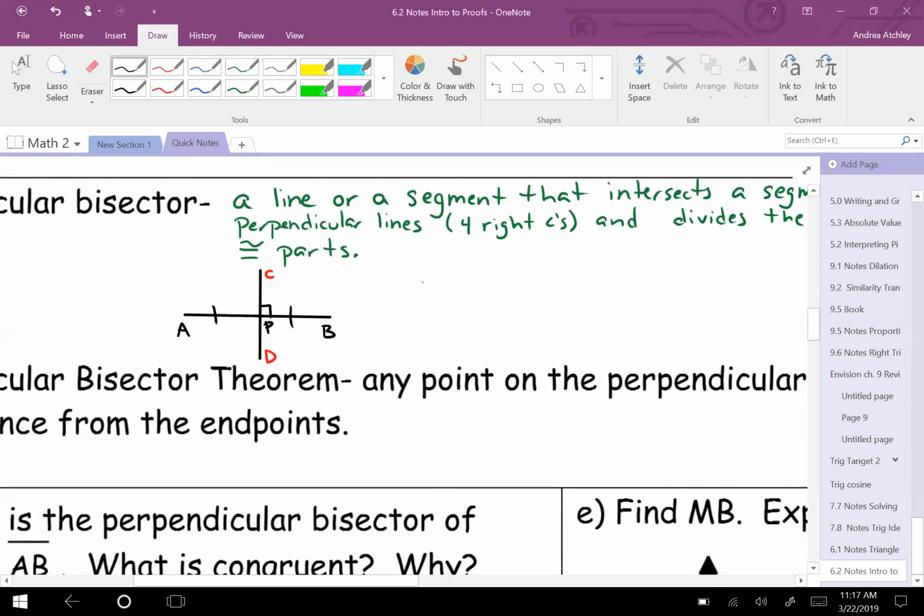So we would say that CD is the perpendicular bisector.